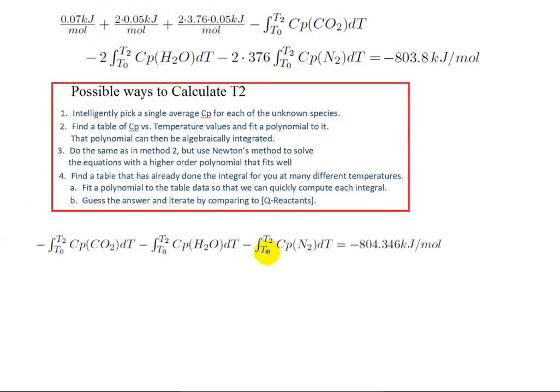But you'll notice that leaves integrals on this left-hand side, and if I can guess a value for T2, then it's pretty trivial to perform these integrals, especially if the integral has already been performed for me and all I'm having to do is take a function and get a value for it. That would allow me to guess a value for T2 and see if it matches the value on the right-hand side.